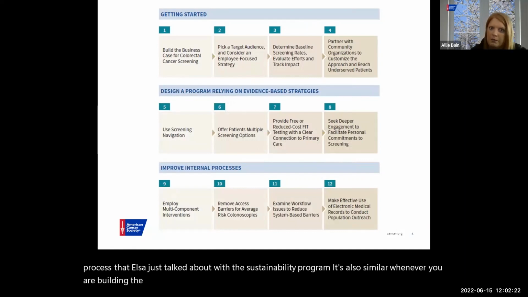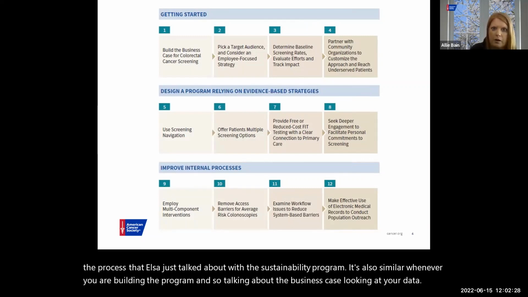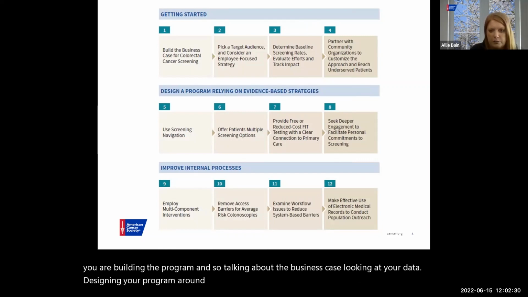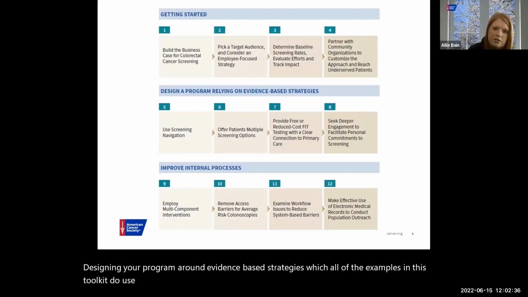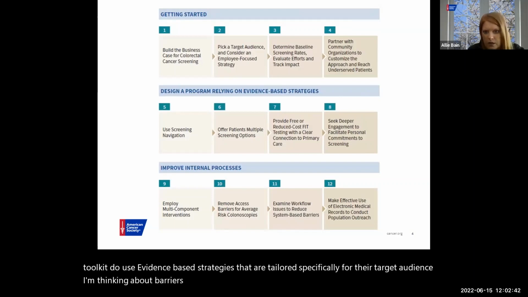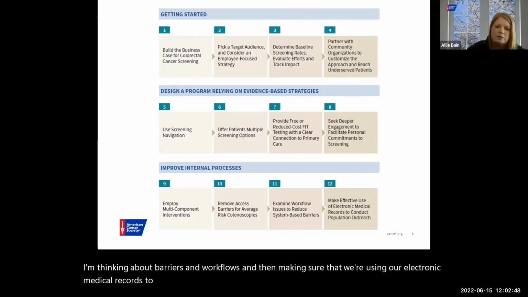So talking about the business case, looking at your data, designing your program around evidence-based strategies, which all of the examples in this toolkit use, tailored specifically for their target audience, thinking about barriers and workflows, and then making sure that we're using our electronic medical records to the best of their abilities.